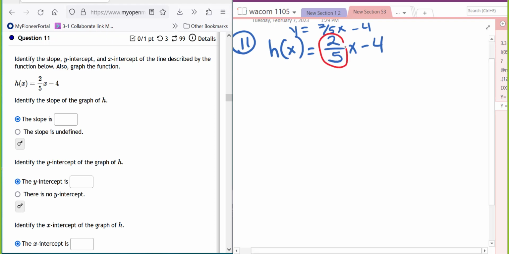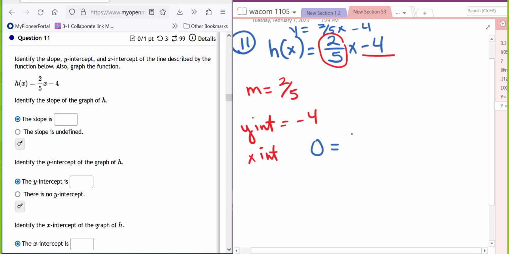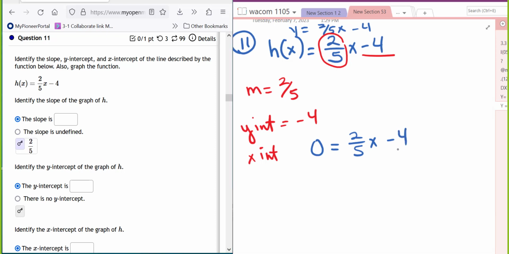Slope is 2/5 because of the form you're in. Y-intercept, you can read right off. -4. X-intercept is going to make us work because we have to put 0 into the y. So 0 equals 2/5 x minus 4. Right, and we could check those. That was 2/5 and -4.